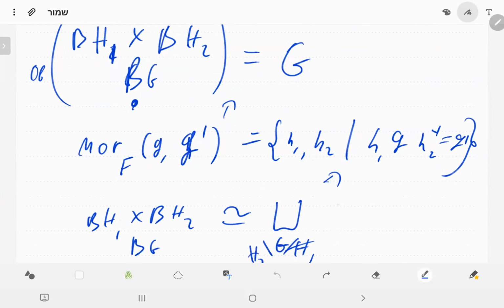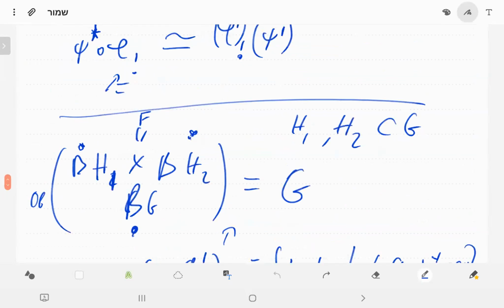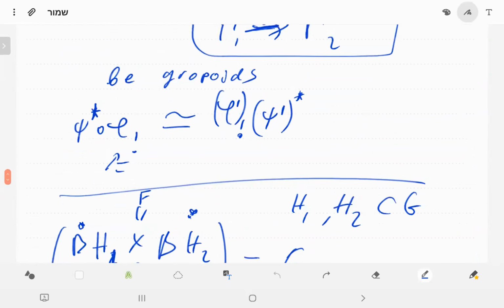And each time, for g, the automorphism group is exactly gH2g inverse intersect H1, and B of this. So you see here how you get this answer in Mackey theory just from the fiber product of two groupoids. You start with two connected groupoids over one connected groupoid, you take the fiber product and you get a non-connected groupoid. And this is the reason why in Mackey theory you get a direct sum over many things.